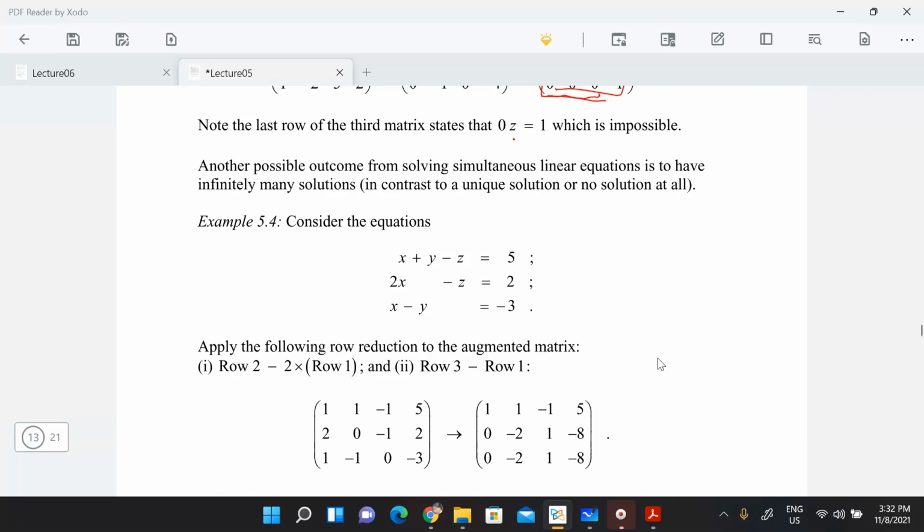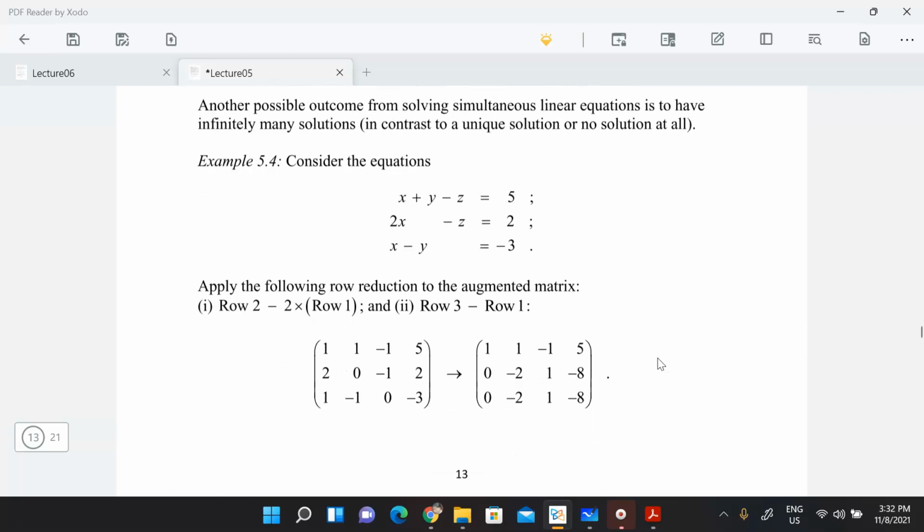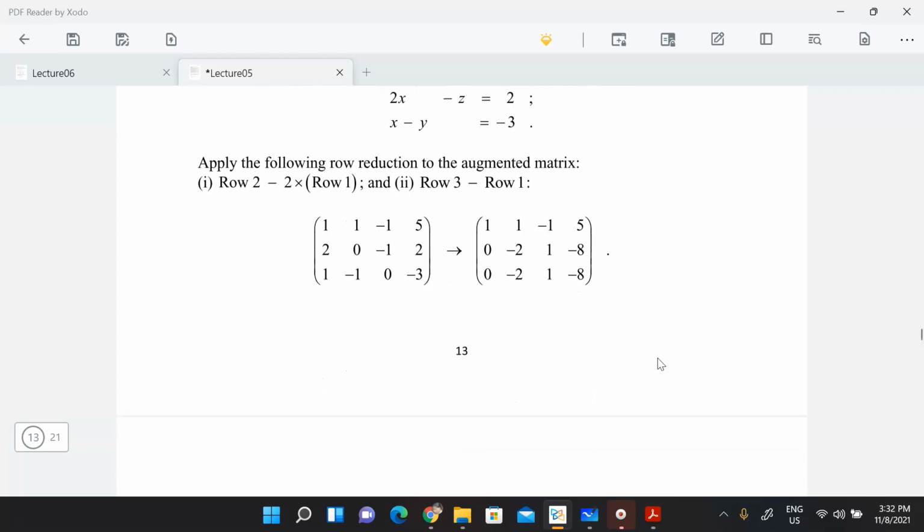Okay, so here's again a set of linear equations over here. And what happens there is if you try to put it as an augmented matrix, then finally you come to the point where you do a row reduction and you find that these two are the same.